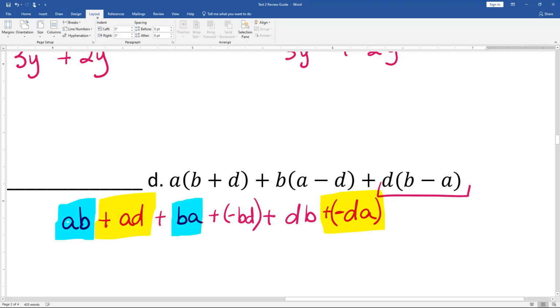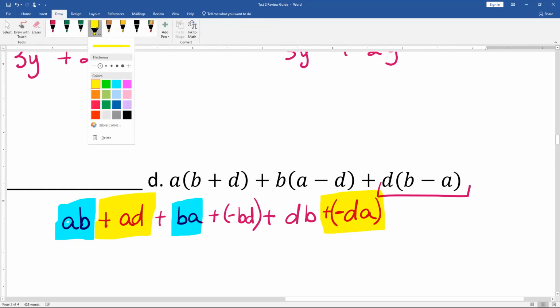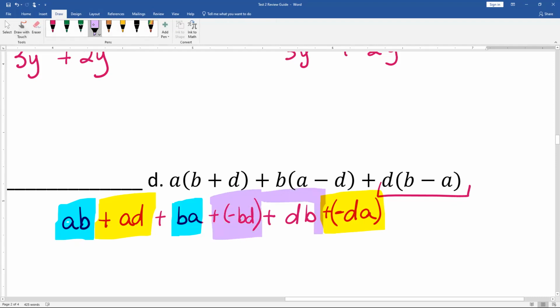And Zachary, are BD and DB the same? Yeah, this is negative BD plus DB. Do you want to write them all the same way, just so it doesn't get any more confusing? I'm gonna make an executive decision and say yes.